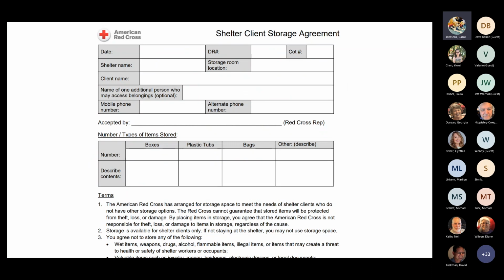This is a newer form that came out, for when we have an area where we're keeping clients' possessions safe. It's a form they fill out for the storage of their things.